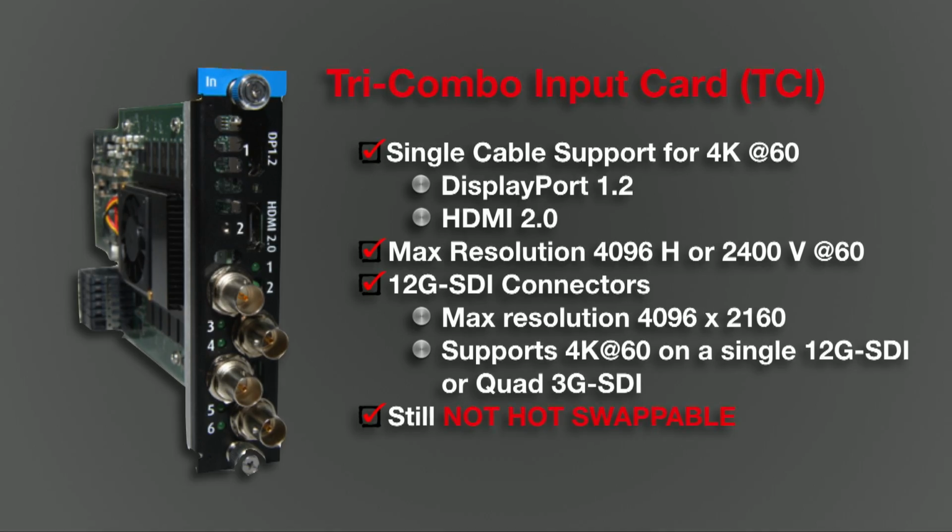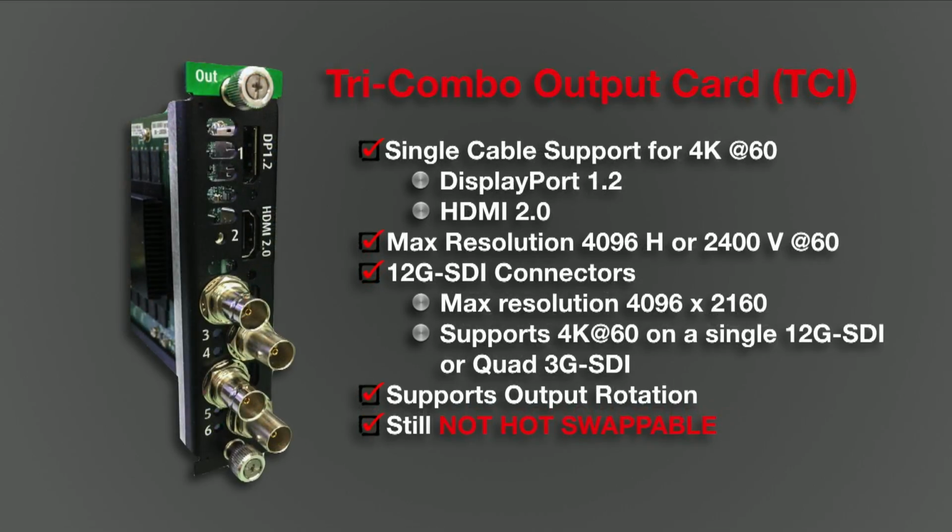Looking at the tri-combo output card, very similar specs. It's the same thing except going the other way, going out. So again, single cable support, DisplayPort 1.2, HDMI, same resolution restrictions, the 12G connectors, but now it supports output rotation. The cool thing we started back with the DisplayPort 1.2 card, way back last year, was output rotation.